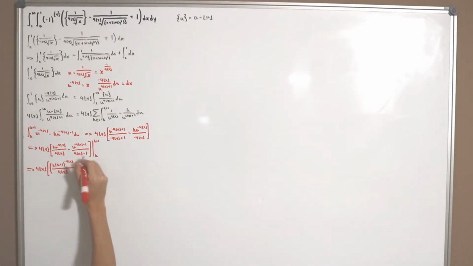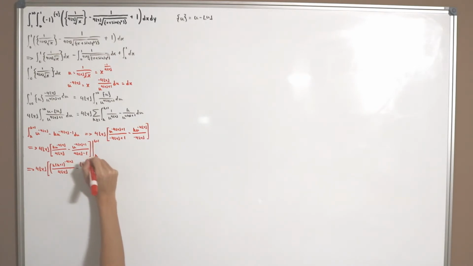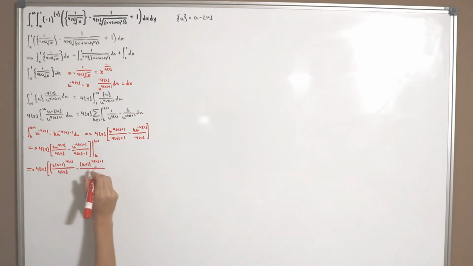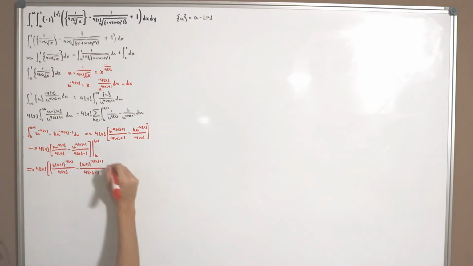Subtract that from k plus 1 to the power negative 4 floor y plus 1, and then we divide that by 4 floor y minus 1.